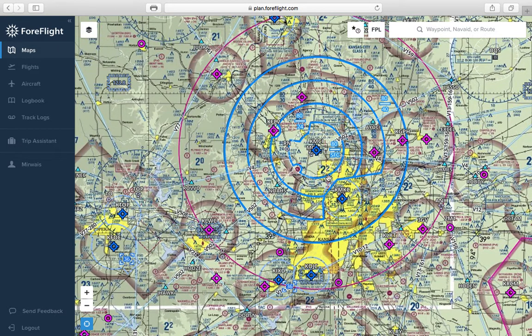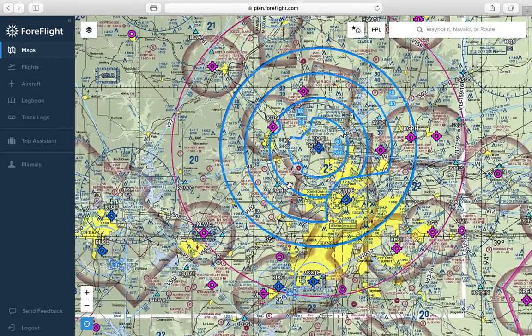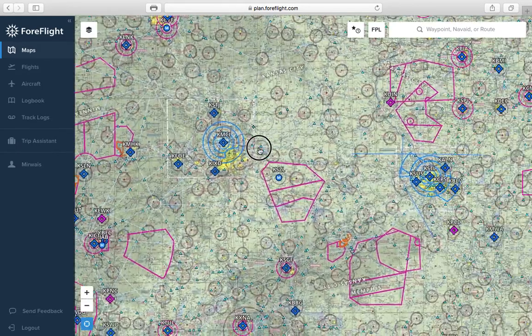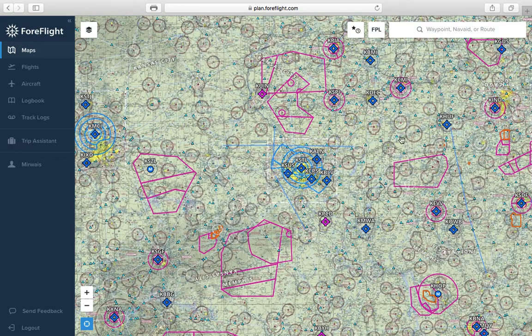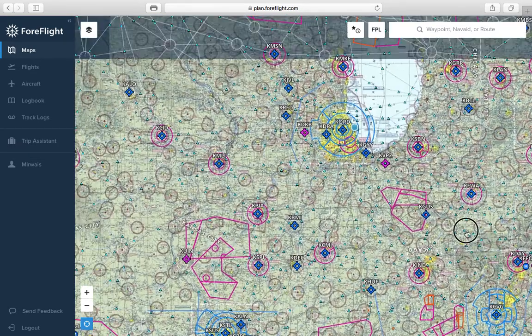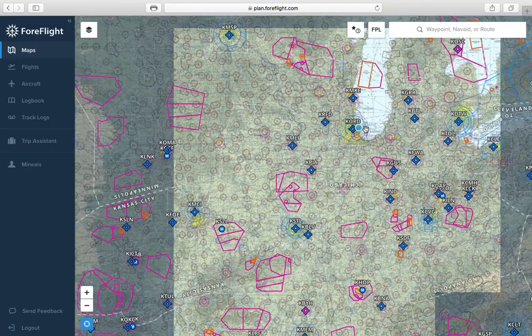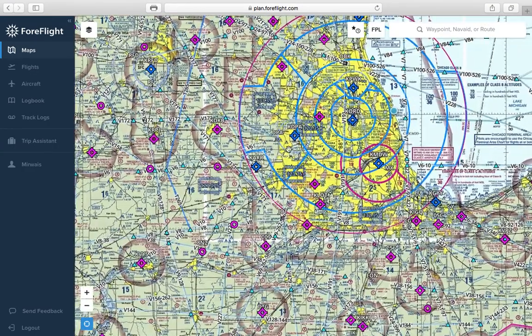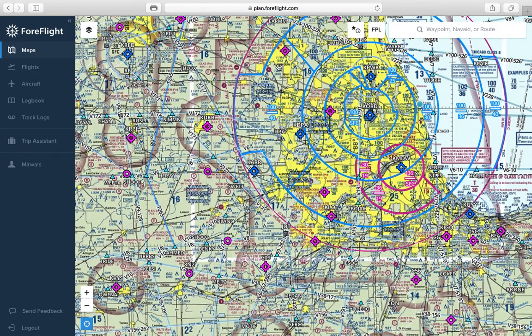For example, Chicago student pilots, even if they get the endorsement from their instructors, they're probably not allowed to enter Bravo airspace.